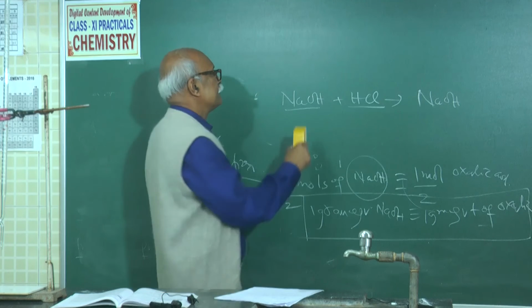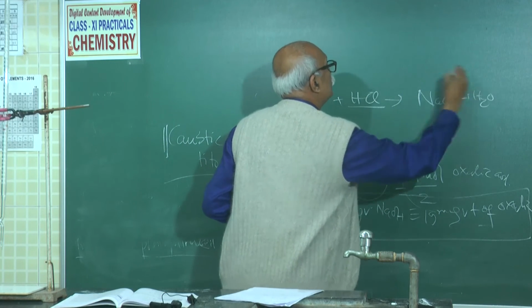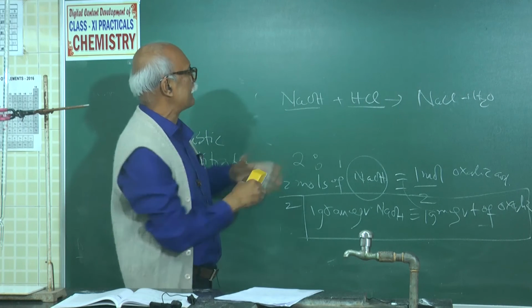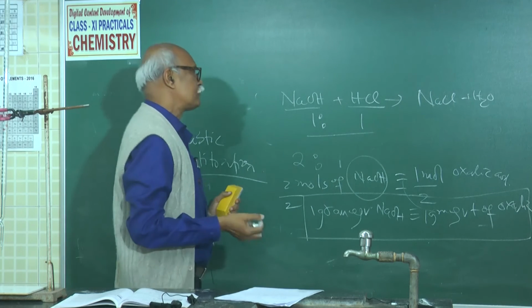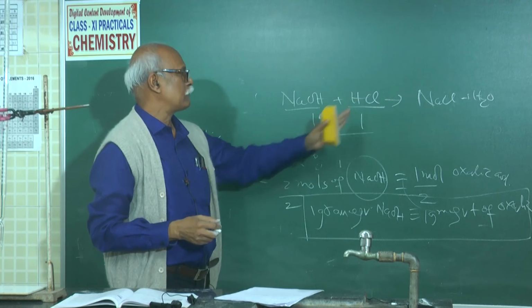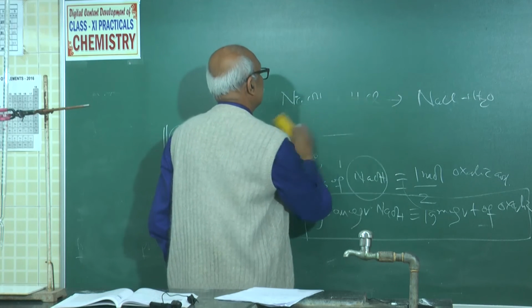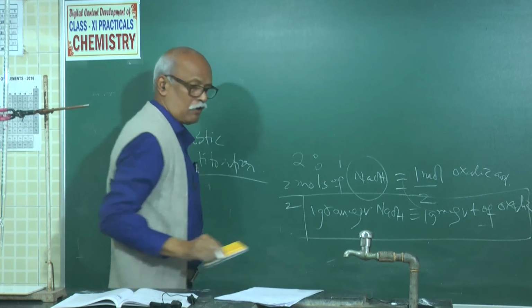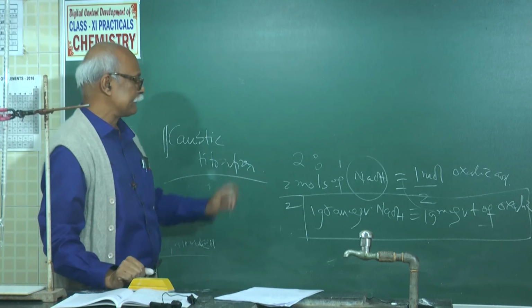So in this case, there is no difference. That means here molar is also 1:1. 1 mole of this is equivalent to 1 mole of this. And also in equivalents, 1 gram equivalent of this is equivalent to 1 gram equivalent of that. That means acid and base react in the ratio of 1:1 by gram equivalent, also 1:1 by gram mole.